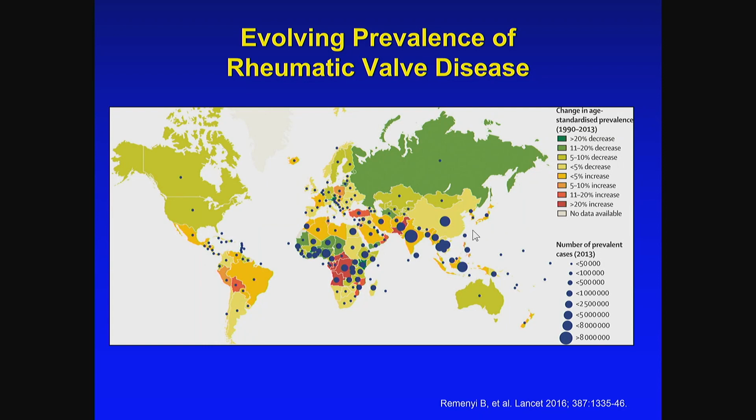And the number of prevalent cases are represented by the size of the circles. You can see that it is most prevalent in sub-Saharan Africa, the Middle East, South, and Southeast Asia. It is relatively rare in North America, Europe, and South America.